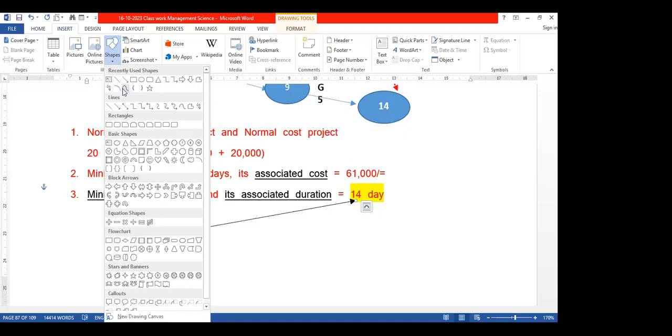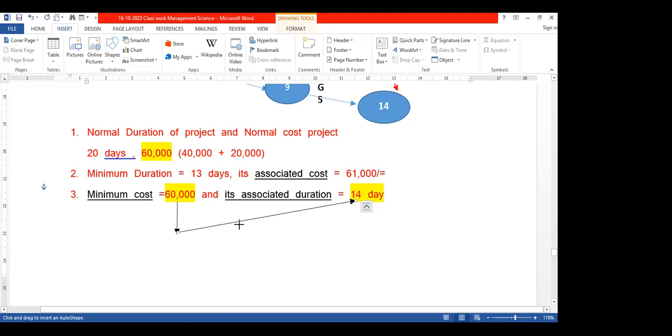Starting with the normal cost, we start to try to reduce the durations. Then after a particular point, again, cost will increase.